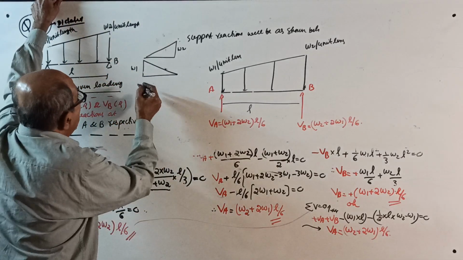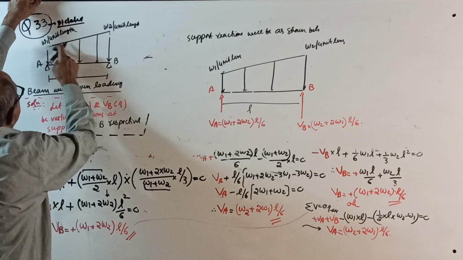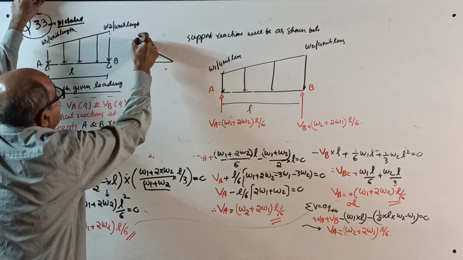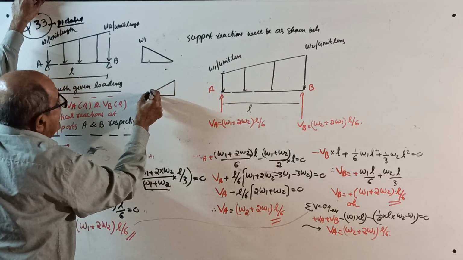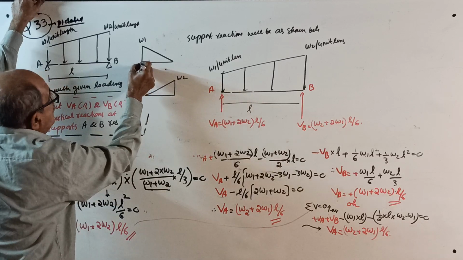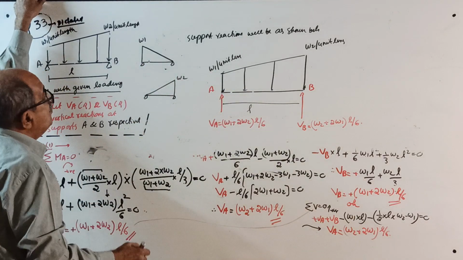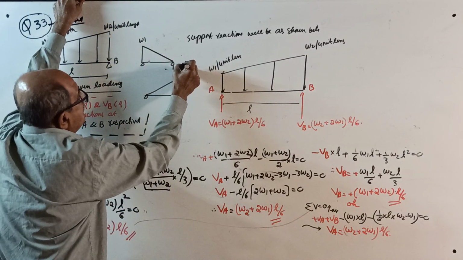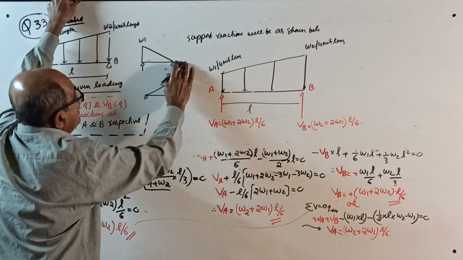Then I will separate them here. One of them is this way, W1 to 0. The other is this way, 0 to W2. Now, for a triangle load, we know the reaction. Where the intensity is 0, it is WL by 6. Where the intensity is maximum, it is WL by 3.